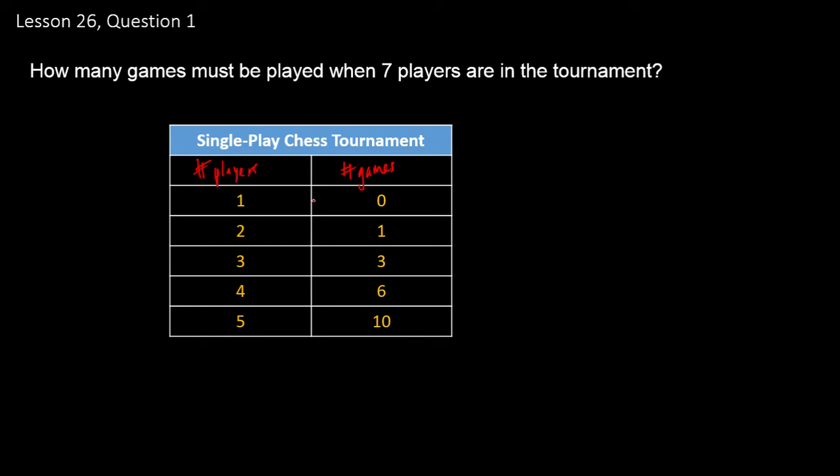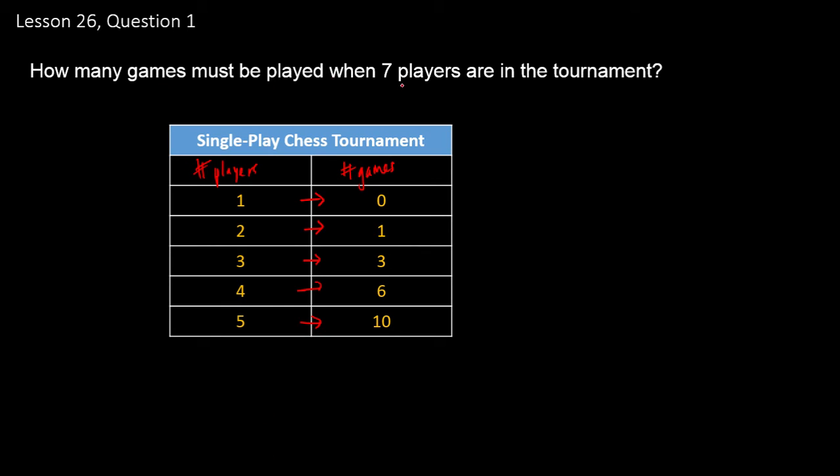So if you only have one player, well, that's not enough to play a game, so there are 0 games. If you have 2 players, for each player to play all the players, that only requires 1 game, right? Because there's 2 people. If you have 3 players and each one needs to play each other player once, that gives you 3 games. 4 players requires 6 games, 5 players requires 10 games, and so on.